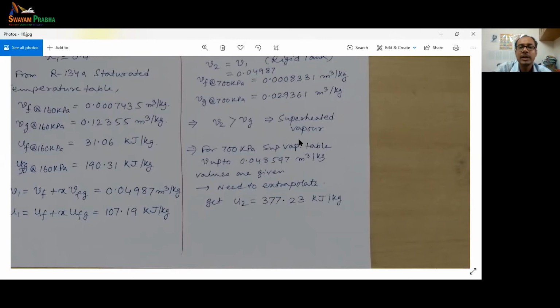Now, if we look up the superheated vapor table at the same pressure, we will see that a specific volume of 0.048597 is given. So you need to do a little bit of extrapolation, and that will give you U2, the specific internal energy at state 2, to be 377.23 kilojoule per kg.